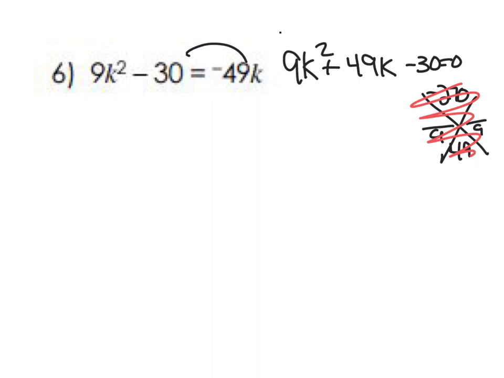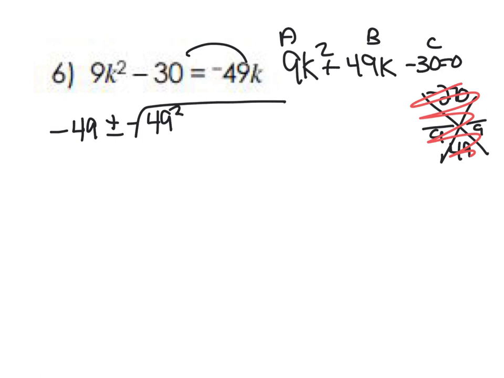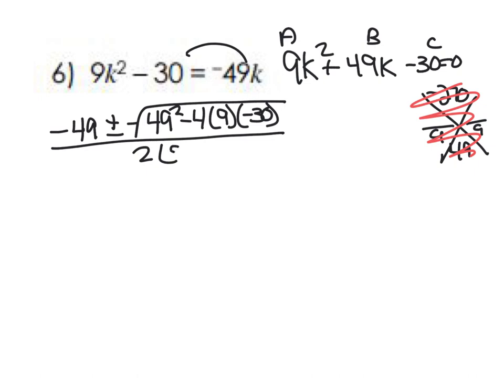So A, B, C. So negative 49 plus or minus the square root of 49 squared minus 4 times A times C, divided by 2 times A. So when I do my discriminant, just doing this part here is your discriminant, that's going to equal 3,481.